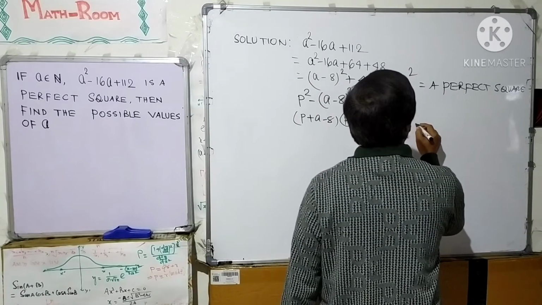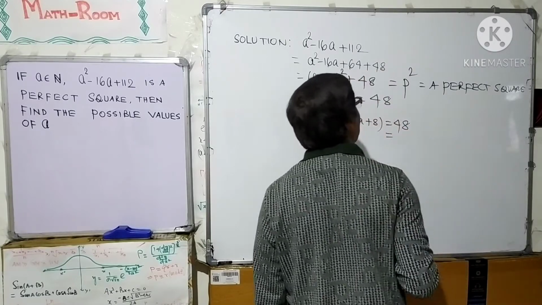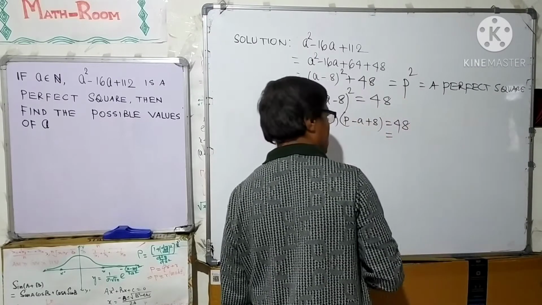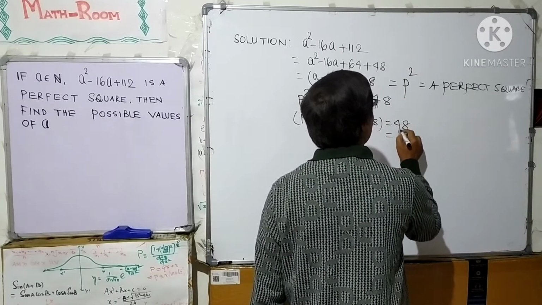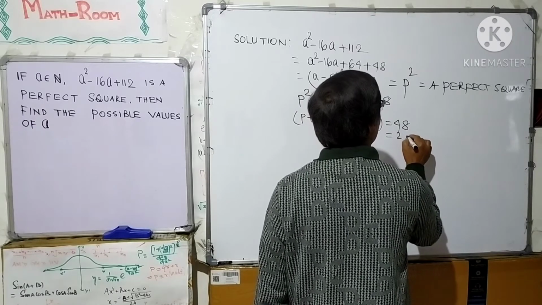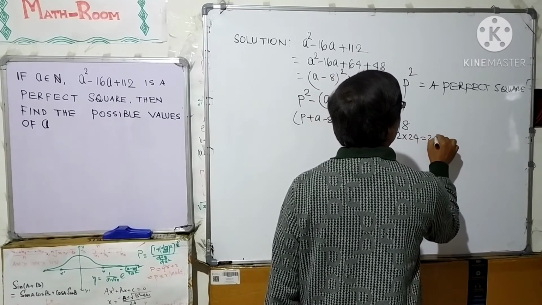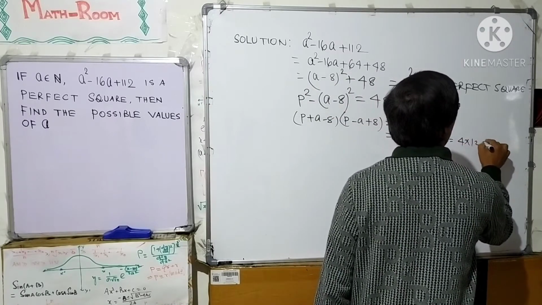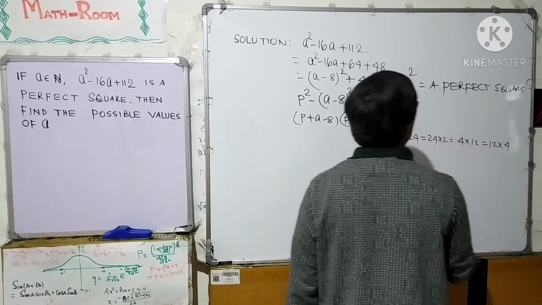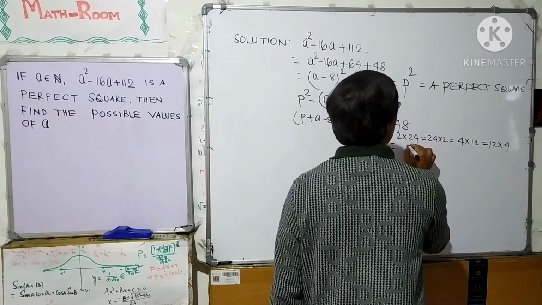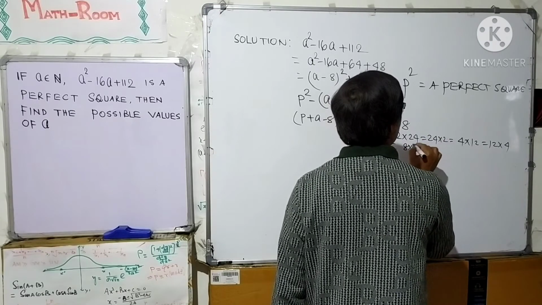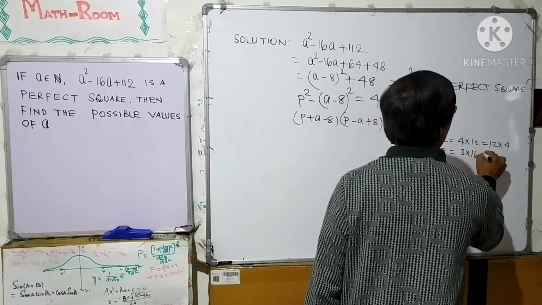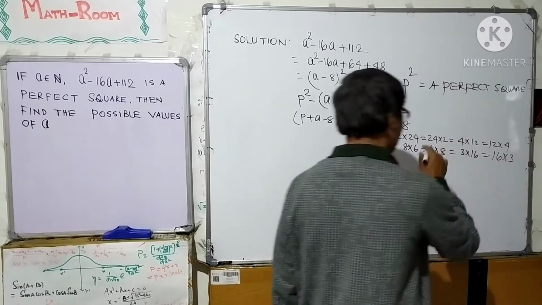So, 48 equals 2 into 24 or 24 into 2, or 4 into 12 or 12 into 4, or 8 into 6 or 6 into 8, or 3 into 16 or 16 into 3.